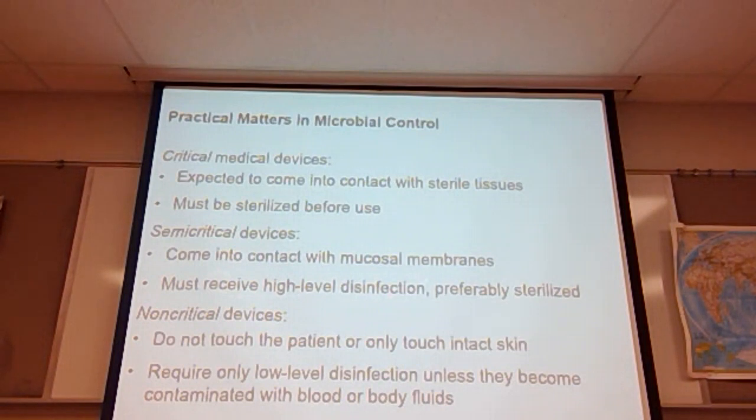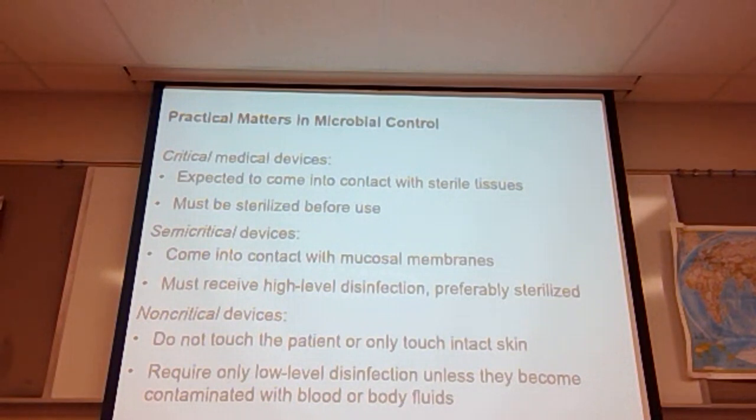Those typically receive high-level disinfection. Again, much better if those patients are able to use ones that are sterilized, but in certain instances, that's just not practical. Again, these things will receive this high-level disinfection, but those patients do have a pretty high rate of urinary tract infections.